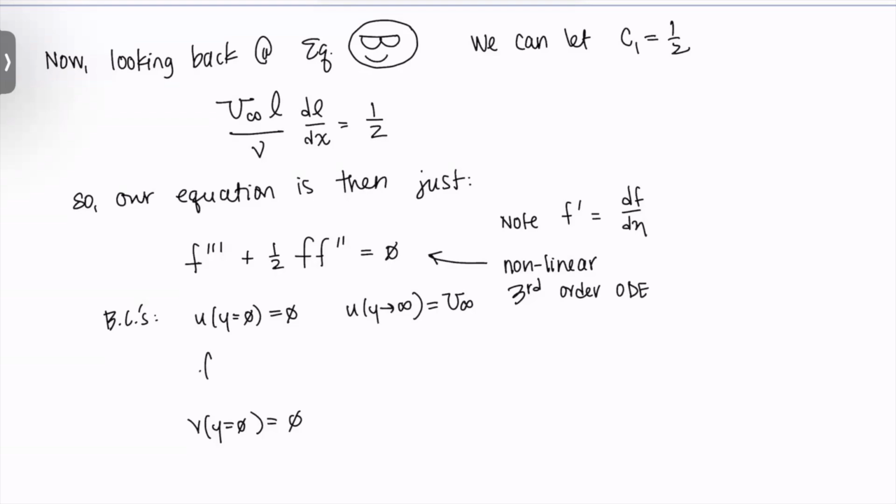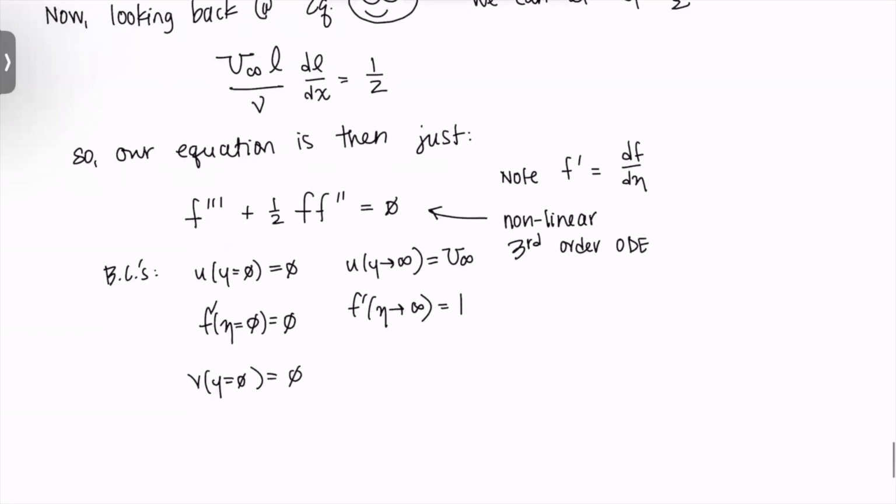I'll allow it. So we have f prime at eta equals 0 is equal to 0. Oh, I'm sorry, this is f prime at eta equals 0 is equal to 0. This one is f prime as eta goes to infinity is equal to 1. And this is f of 0 is equal to 0. Okay.